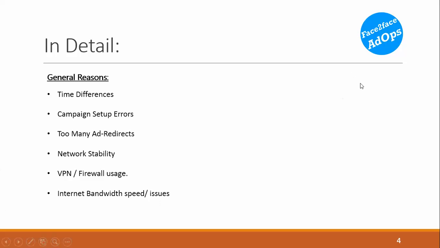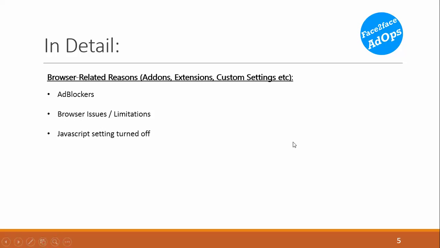Browser related issues. First one, and a very important one, is ad blockers. Though I have mentioned it under browser related, it's no more a browser constraint. Ad blockers have invaded the desktop or your laptop entirely, or your mobile too.